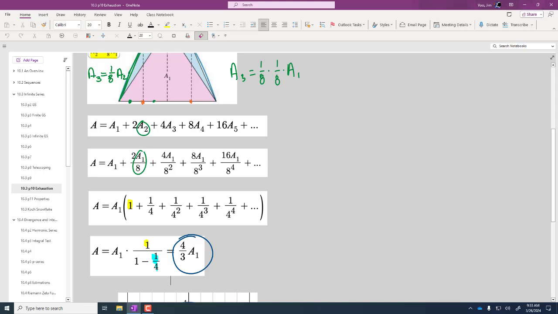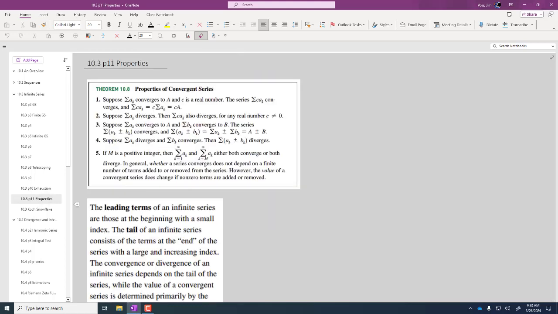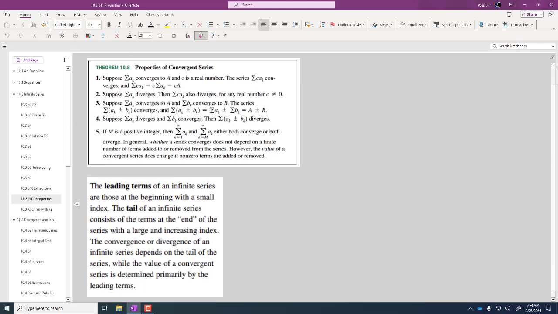So what we want to do next is take a look at some properties of all convergent series, not just geometric. These again are super intuitive. It's kind of like the properties of sequences.